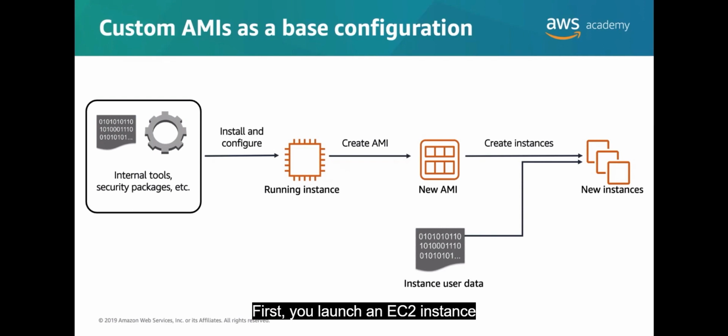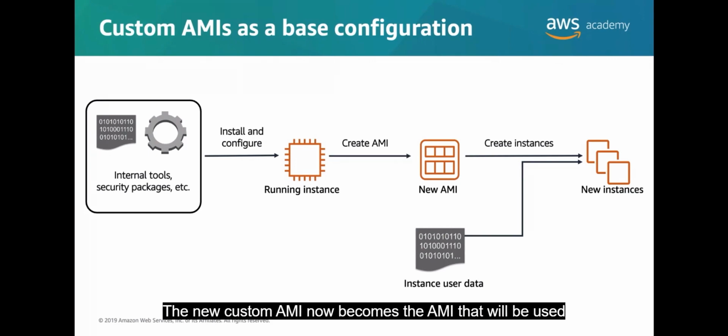First, you launch an EC2 instance from a standard prefabricated AMI and pre-configure all the software that your organization needs for that instance. You then create a custom AMI from it.